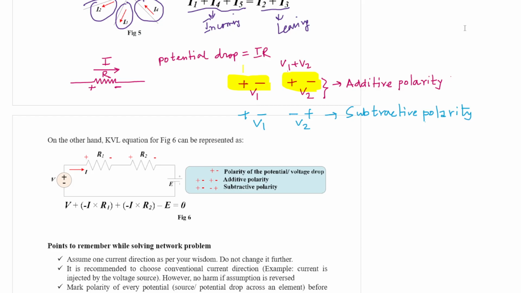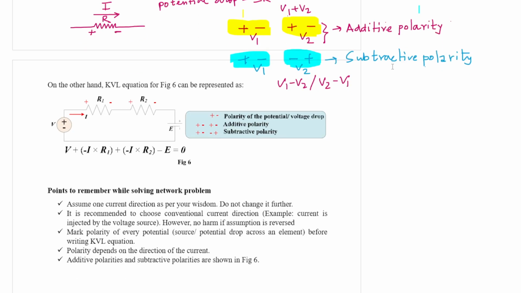However, if the polarities are arranged in this fashion, this is plus minus and V2 is just reversed, minus plus, then it is called subtractive polarity, and the net potential across these two elements is V1 minus V2, or maybe V2 minus V1, depending on which is greater and which is smaller.